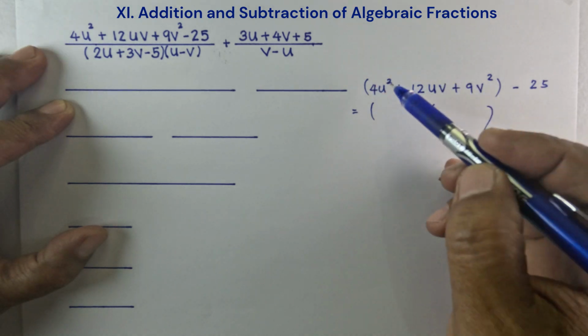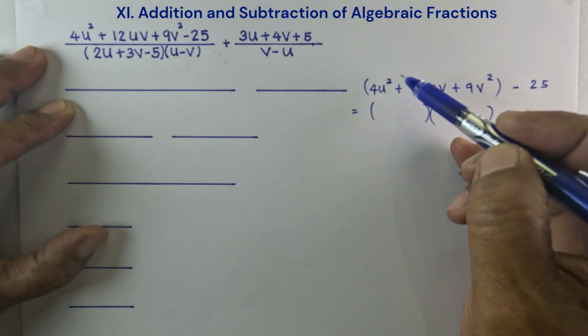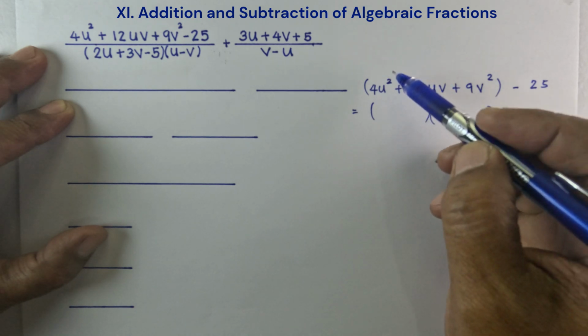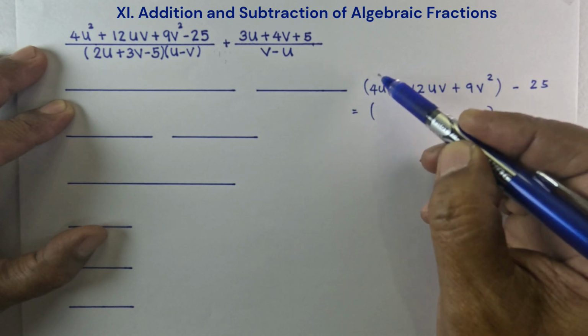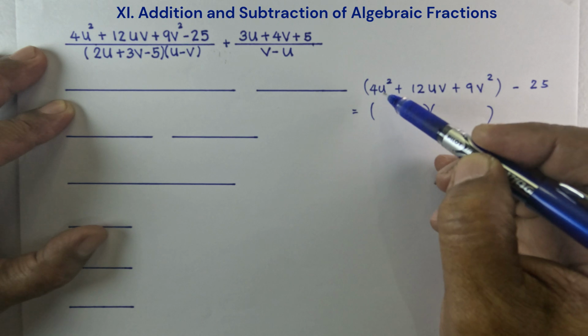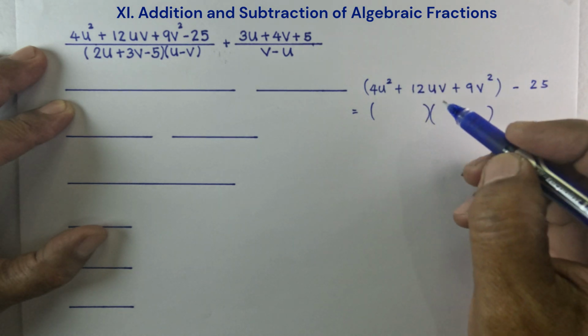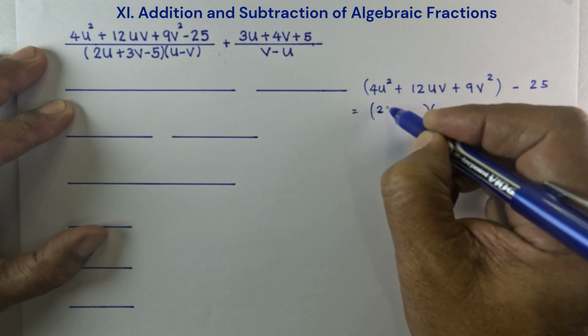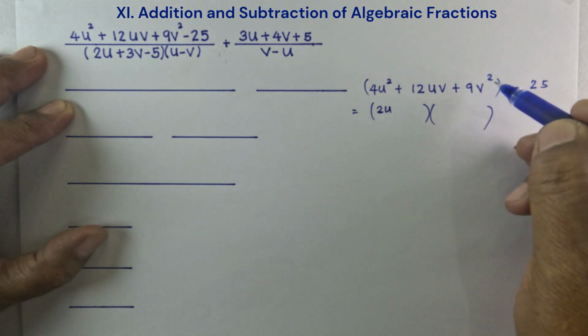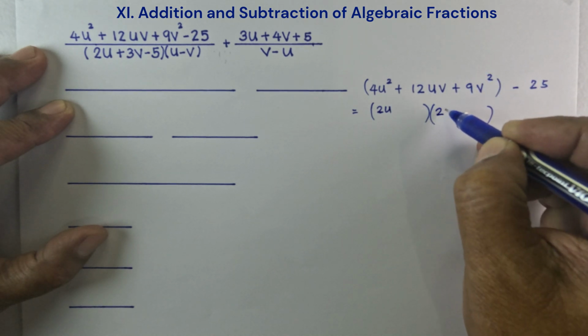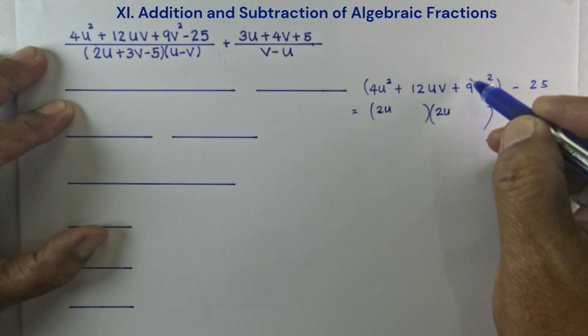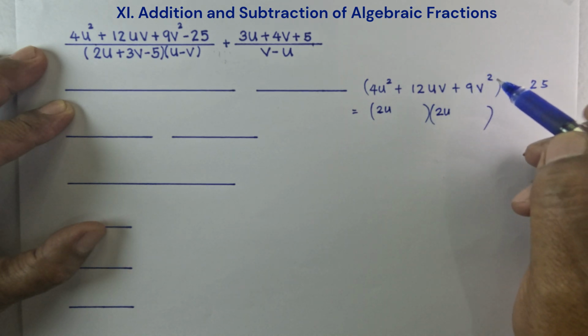The first term is a perfect square. So let's get the square root of that. That's 2u. And likewise, this one, that's 2u times 2u. This one is likewise a perfect square.